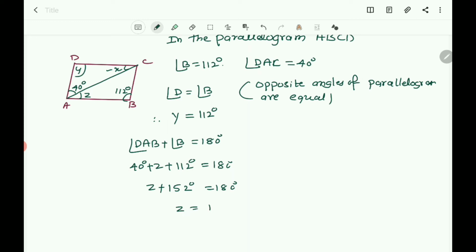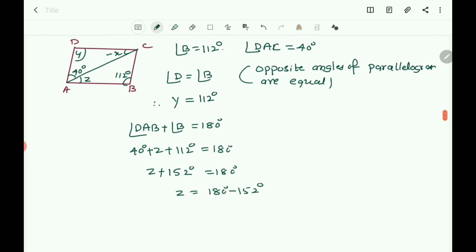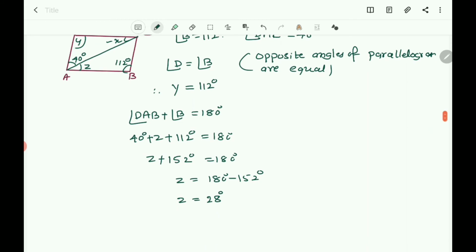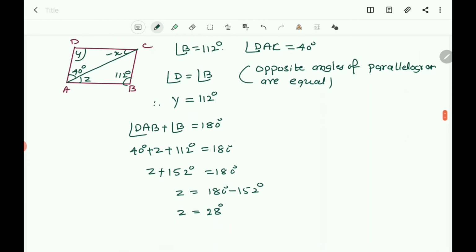Therefore z is equal to 180 degrees minus 152 degrees, so z is 28 degrees. So we got the z value.